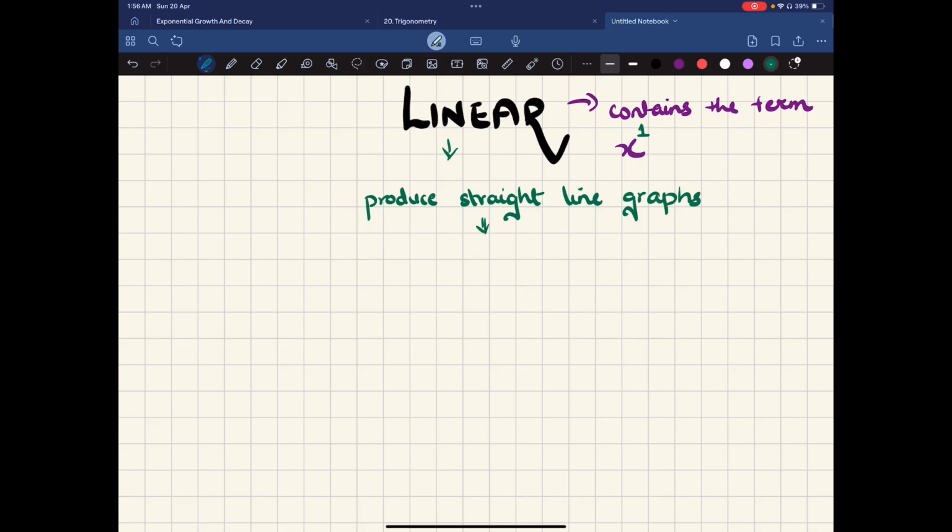Which can be written in the form y is equals to mx plus c, where m is the slope or the gradient of the line and c is the y-intercept. What is the y-intercept?